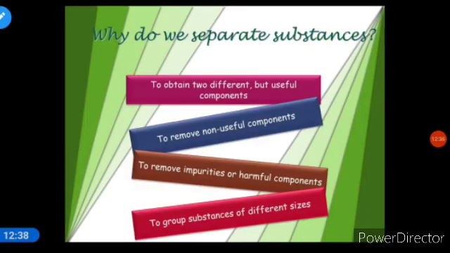Now, why do we need separation, or why do we separate substances? Very obvious question. To obtain two different but useful components, to remove non-useful components, to remove impurities or harmful components, or to group substances of different sizes.